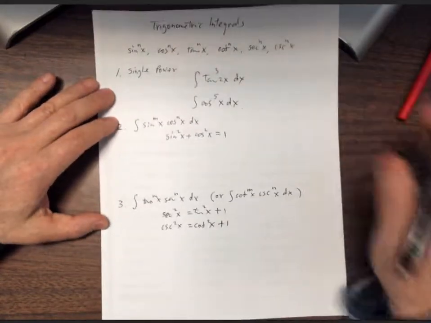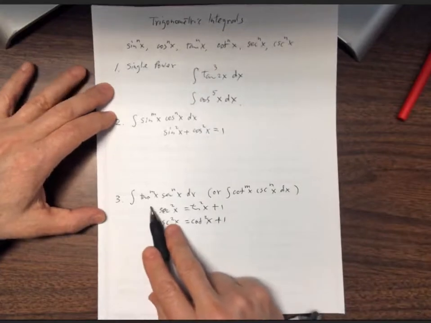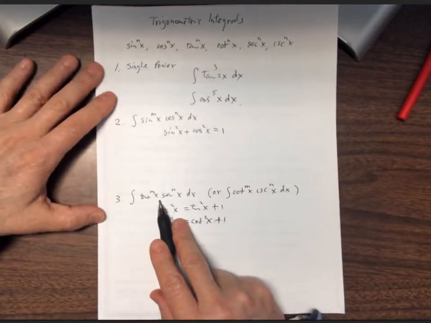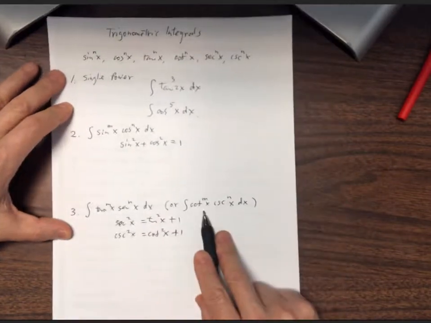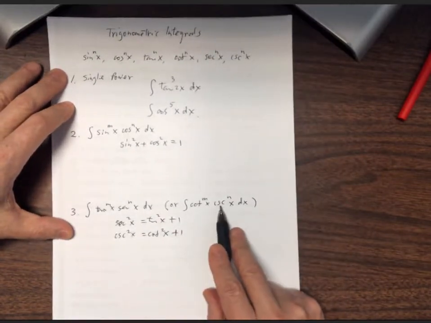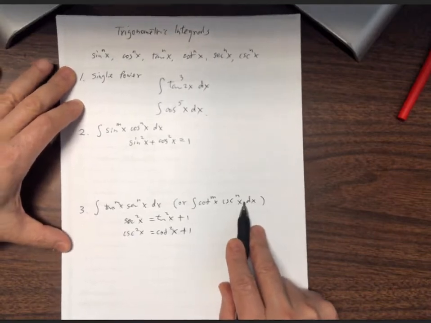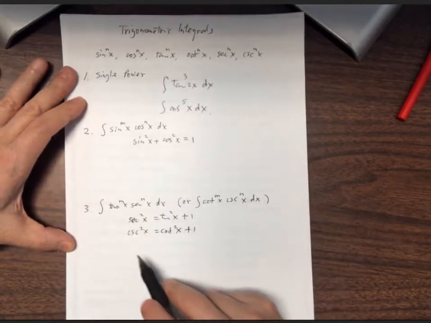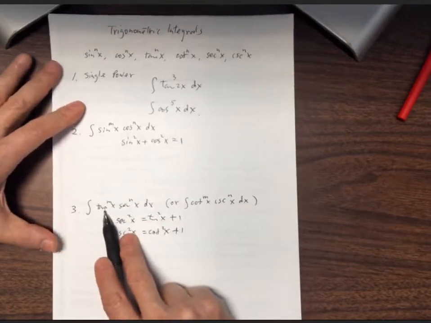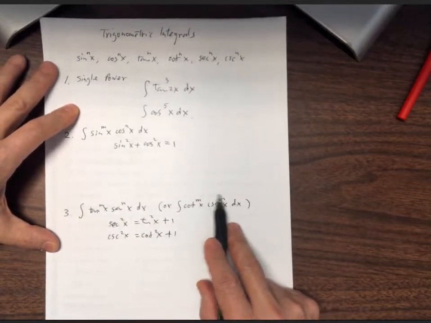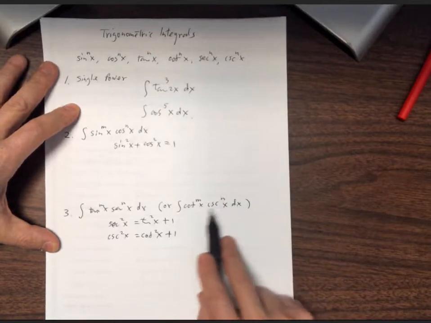Third group of integrals contain combination of power of tangent, power of secant, or similarly, power of cotangent, power of cosecant. The way we treat this kind of combination will be the same way we would treat that kind of combination.